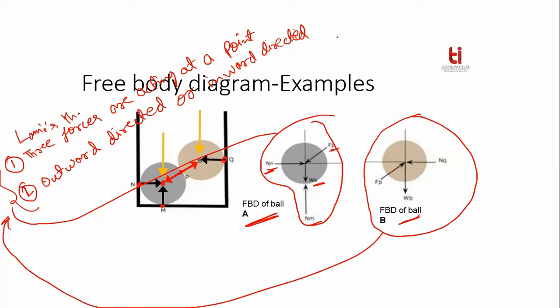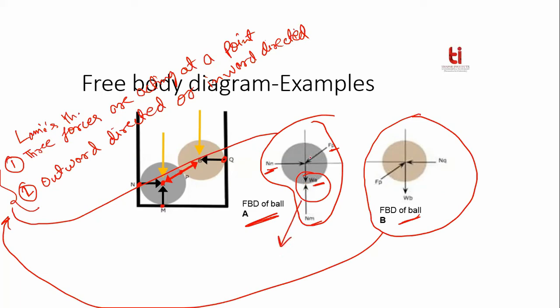Okay. So everyone is thinking that we cannot apply Lami's theorem at point A, or is there anyone? Yes, sir, we can apply. Okay. Why? What is the reason? Sir, the normal and gravity forces are in the same line. Yes. So we can simplify these two forces into one force.